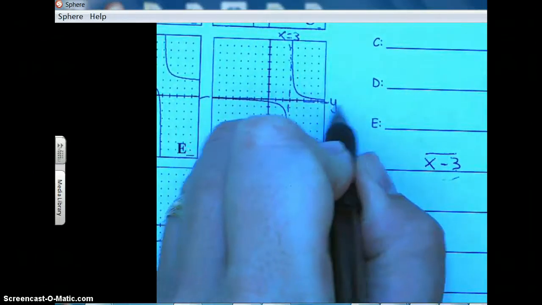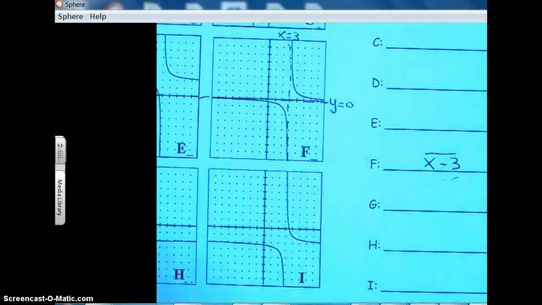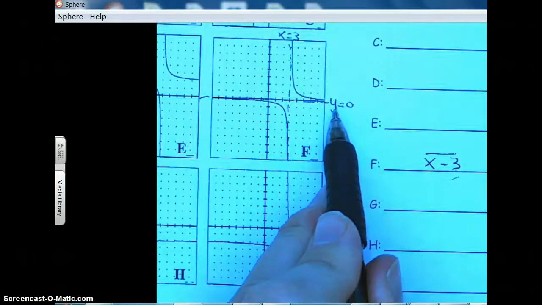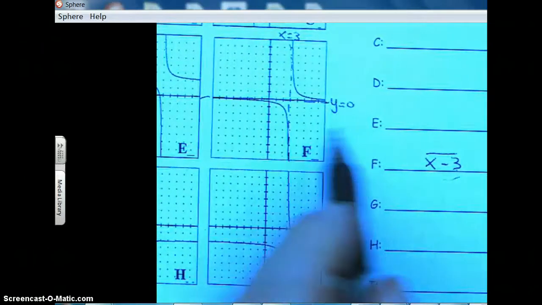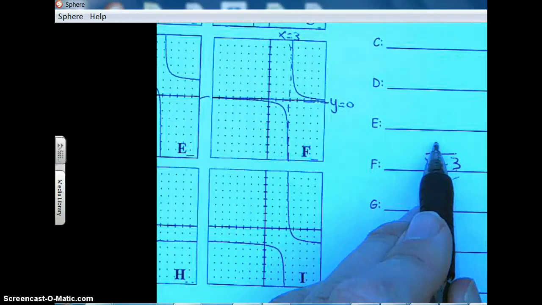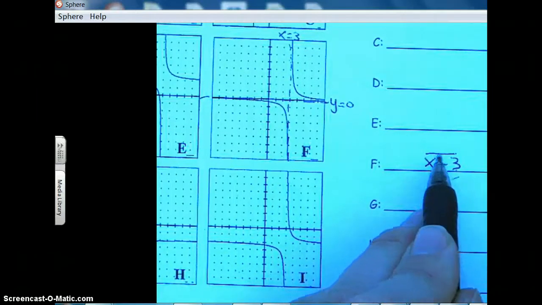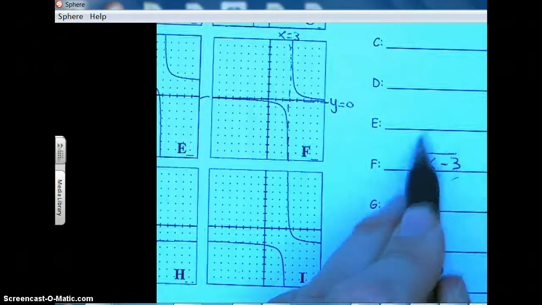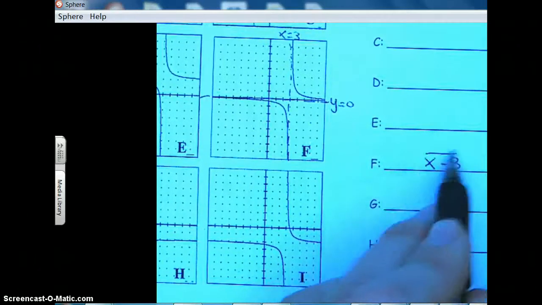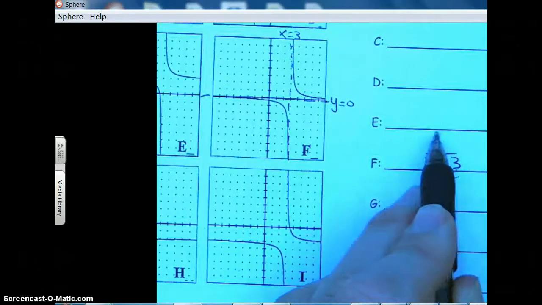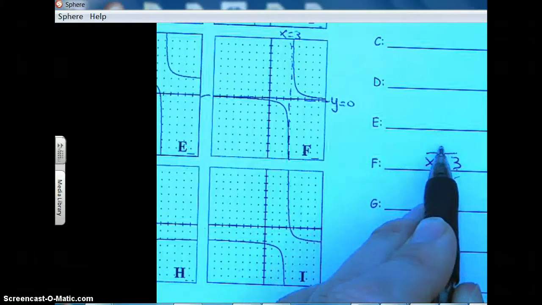Okay. Next, the horizontal asymptote is y equals 0. Remember what that means? That means that the degree of the numerator is less than the degree of the denominator. So since it's a 1, that means there's going to be no letter up here. It's going to be a number. Okay? So how do we figure out what that number is?